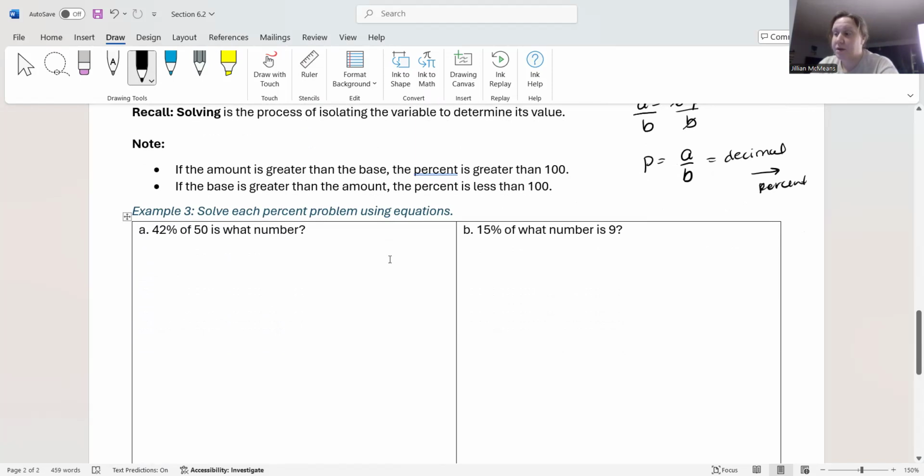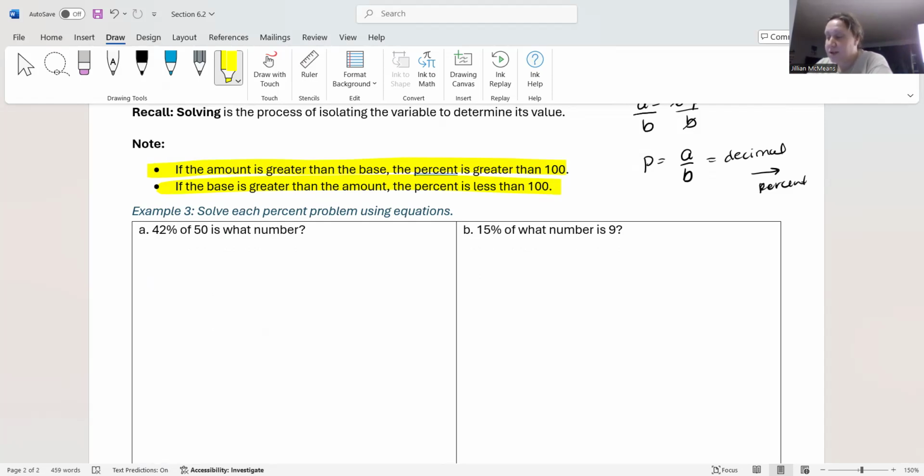Now, a couple of things are very much worth noting. Students get really bent out of shape if the percent is ever more than 100. You can for sure have more than 100% of something. You could have 300% of something. You could have 700% of something. There's a tip, a hint that's going to let you know when this is going to happen.